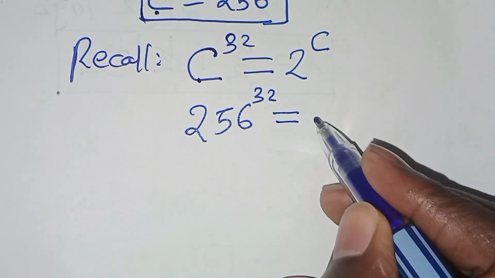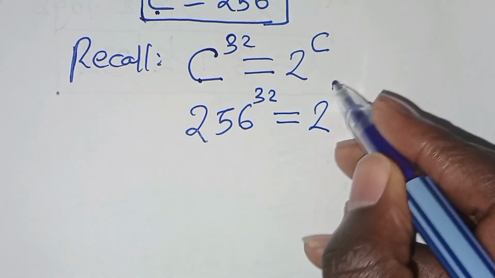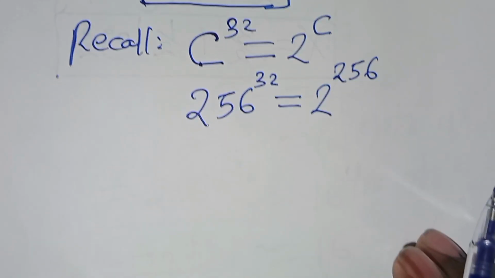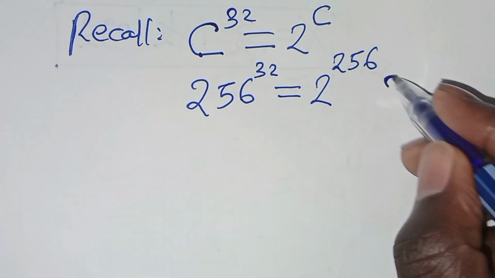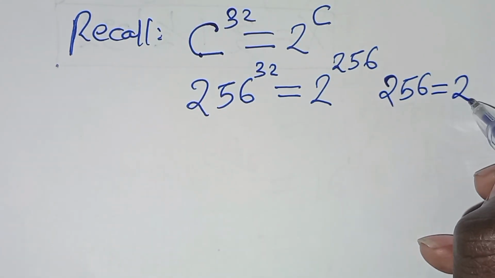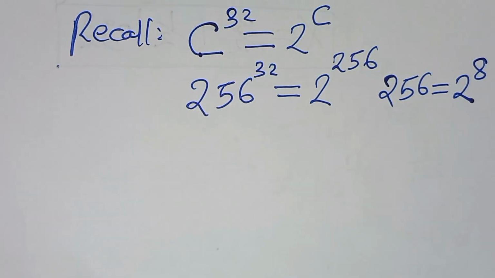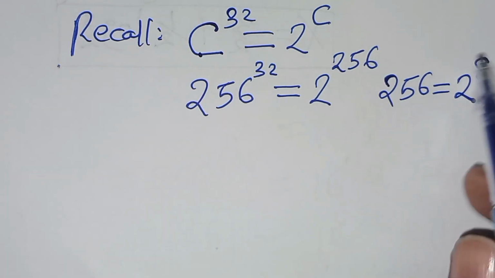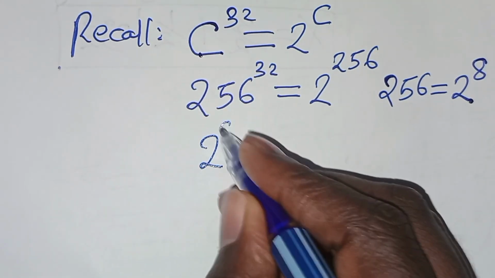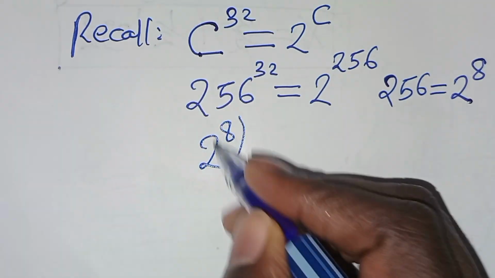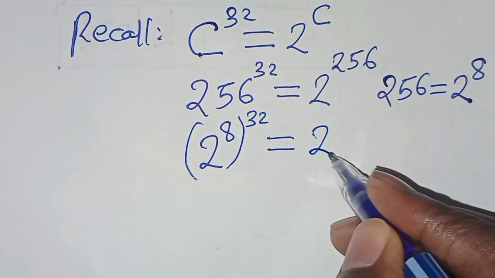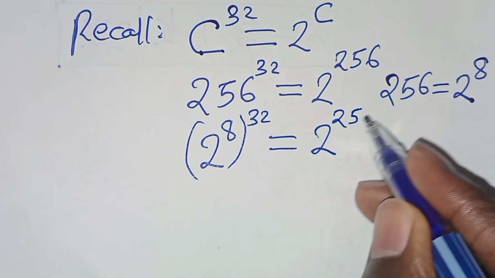This is equal to 2 to power 256. The next step here, we can express 256 as 2 to power 8. Let's substitute this 2 to power 8 here. So we'll have 2 to power 8 raised to power 32. This is equal to 2 to power 256.